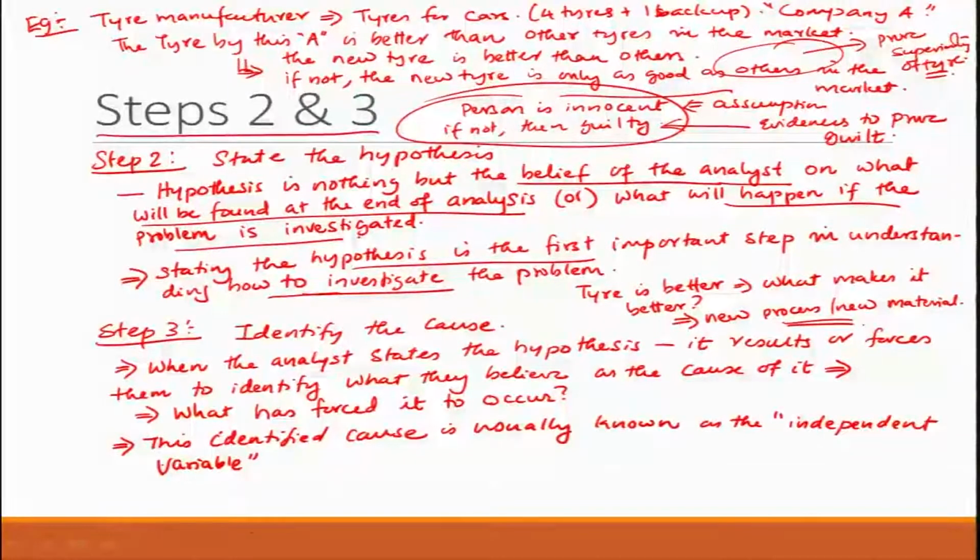The one that resulted in this particular behavior or belief is what we call the independent variable. Because of it, the phenomenon is being observed.